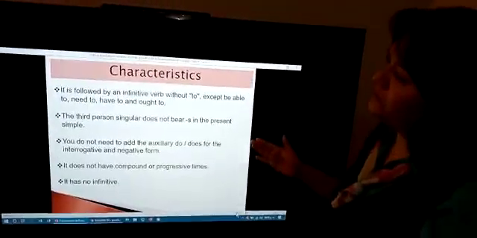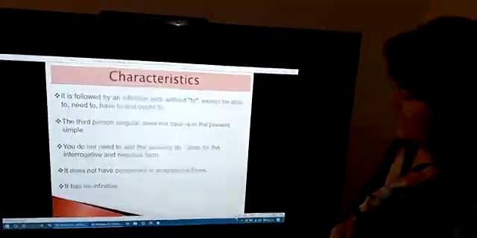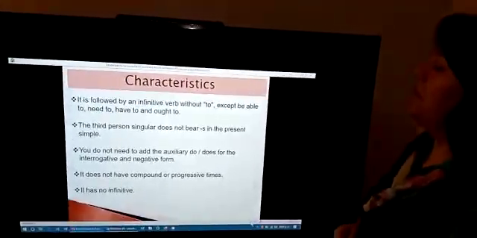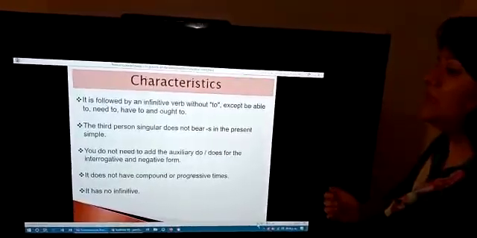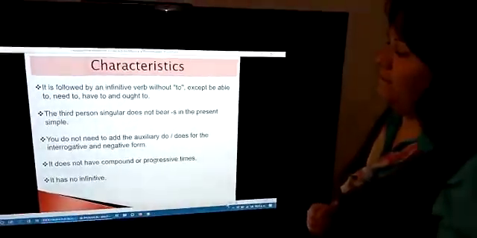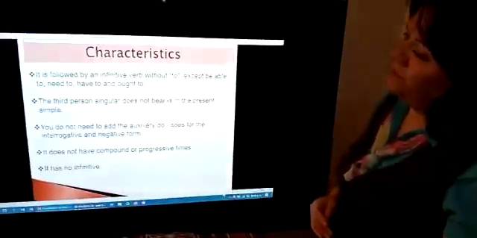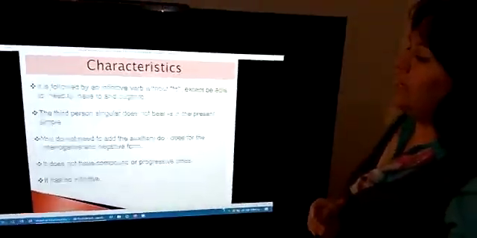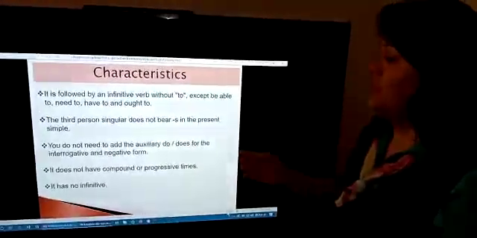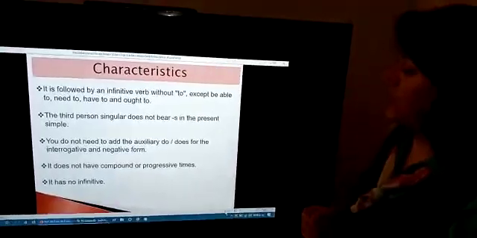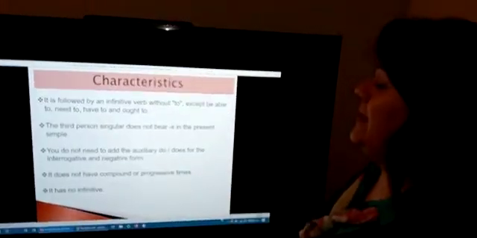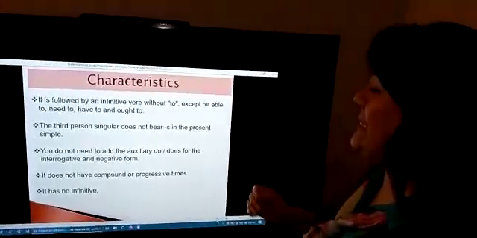Number 2: the third person singular does not bear s in the present simple. Number 3: you do not need to add the auxiliary do or does for the interrogative and negative form.